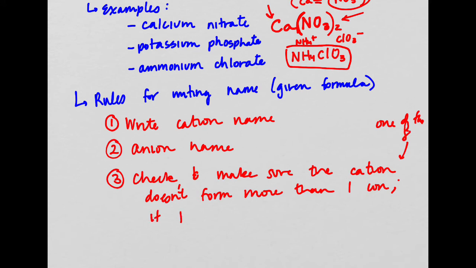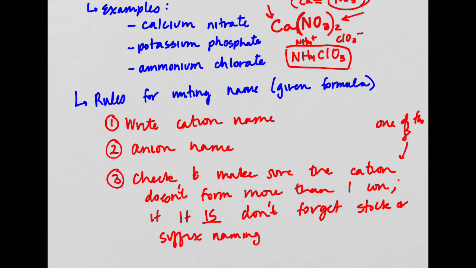If it is, don't forget the special naming system, stock or suffix naming. Actually, let's say we're only going to use the stock system here, because I'm not going to ask you to do suffix naming.